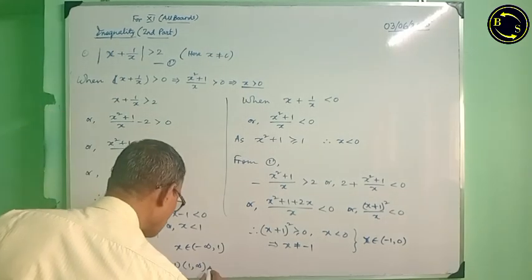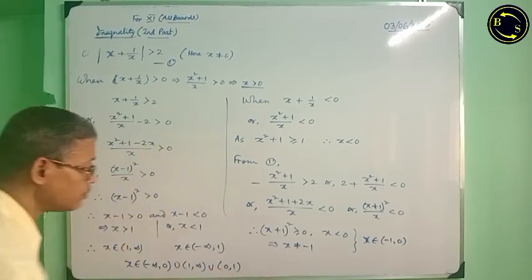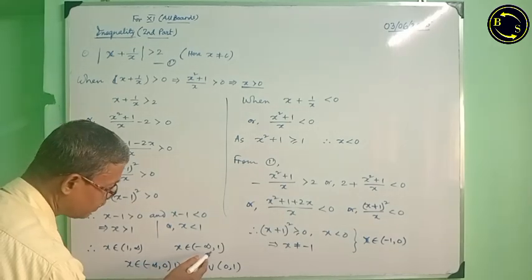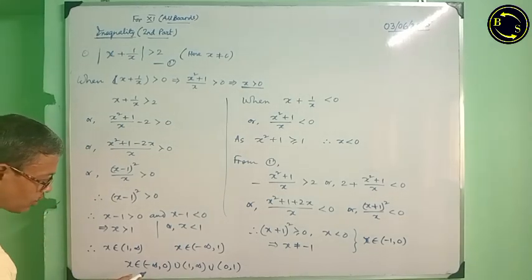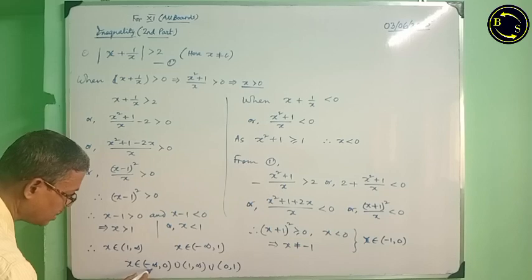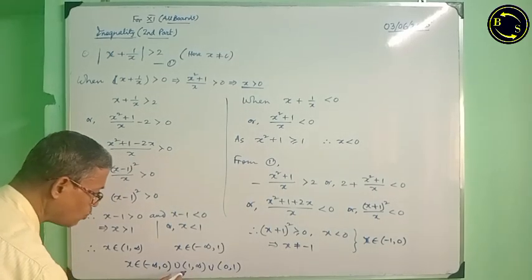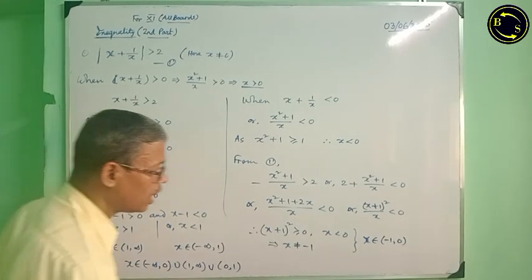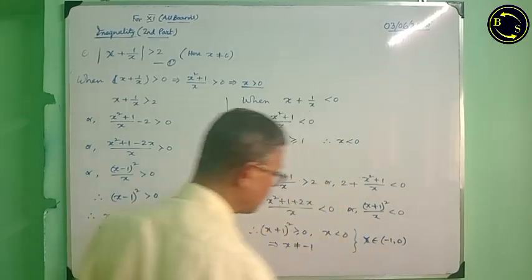Also 0, 1 case. Note that minus infinity to 1 and x not equal to 0, therefore the interval will be minus infinity to 0, then 0 to 1 and 1 to infinity. 1 to infinity is there, therefore this, and from here x belongs to minus 1, 0 interval.